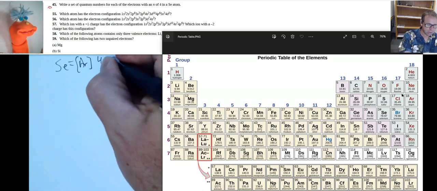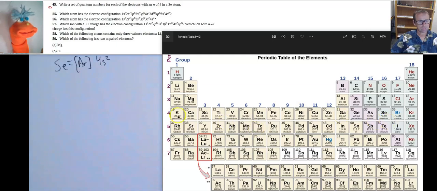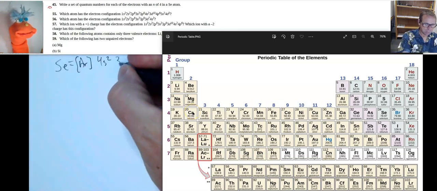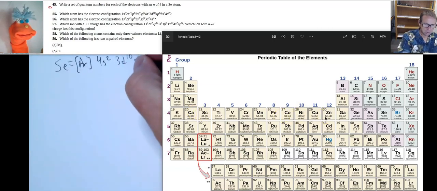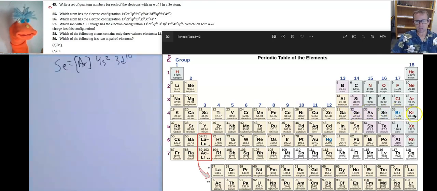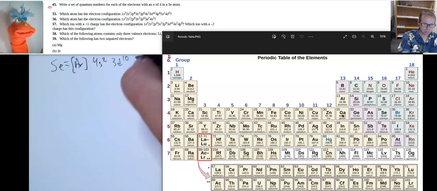That's right, fourth row, 2 electrons in the S block, potassium and calcium. Then we go to 3D, and we fill up all 10 electrons, 3D10. And then we go back to 4p.